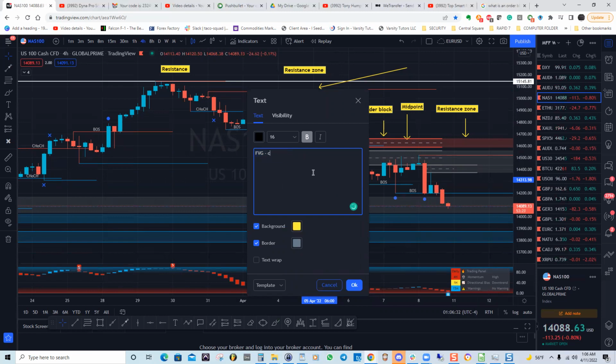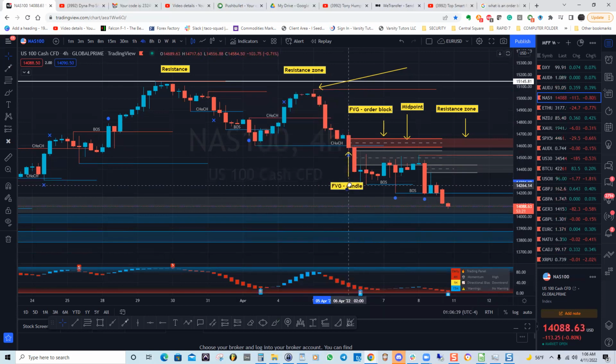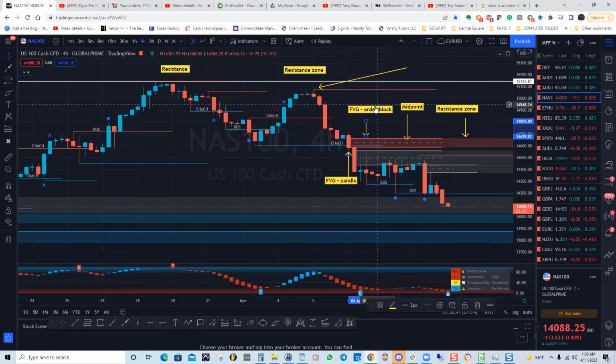So an FVG candle was formed. This is very important because once this FVG candle was formed, then this little order block got processed. So this is a resistance zone.